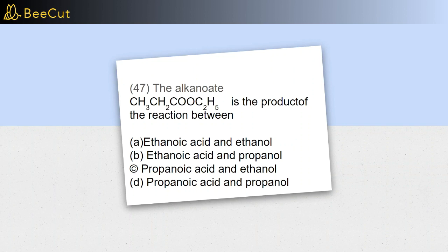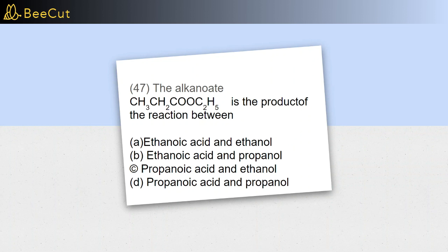The alkanoate CH3CH2COOC2H5 is the product of the reaction of A, ethanoic acid and ethanol, B, ethanoic acid and propanol, C, propanoic acid and ethanol, D, propanoic acid and propanol.